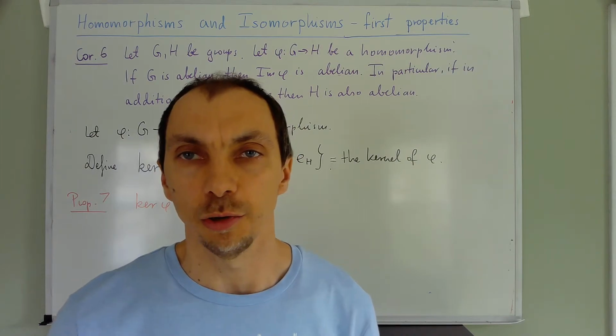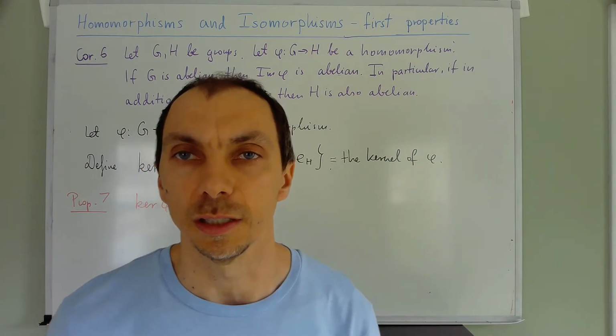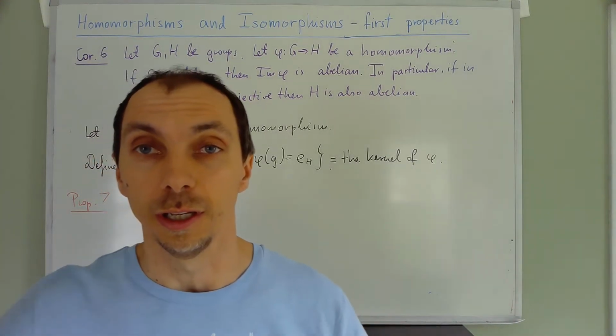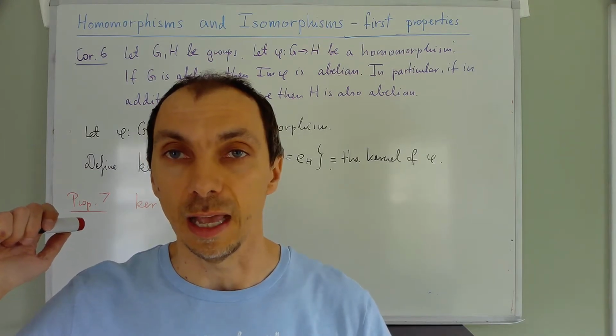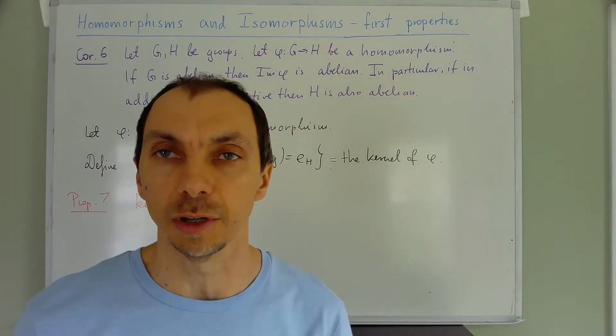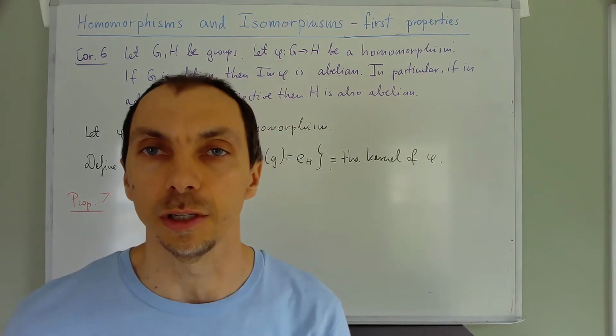So then the notions of image and kernel coincide. The notion of kernel in our class coincides with the notion of kernel in linear algebra, and the notion of image in our class coincides with the notion of image in linear algebra.